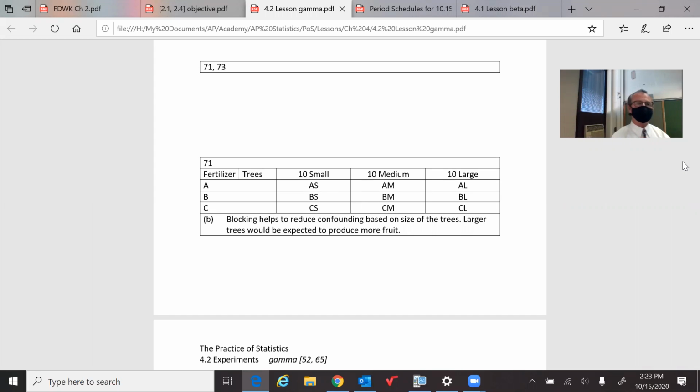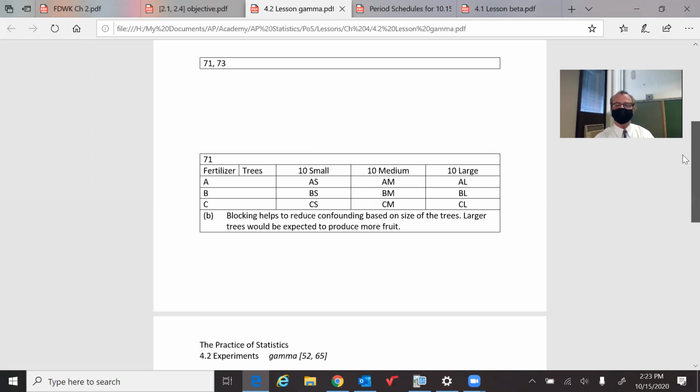So that each of the fertilizers was distributed among small, medium, and large trees. Larger trees would be expected to produce more fruit. I was thinking of smaller trees growing more, but they're talking about the fruit production. We want to be sure that each of these fertilizers gets an equal chance to be with the larger trees.